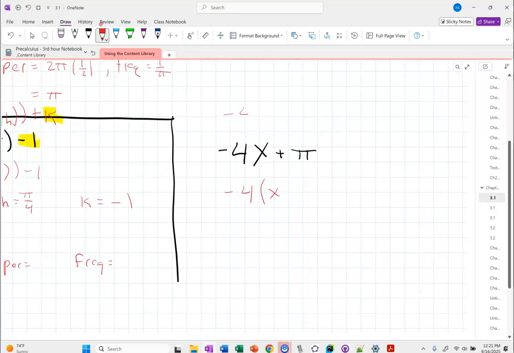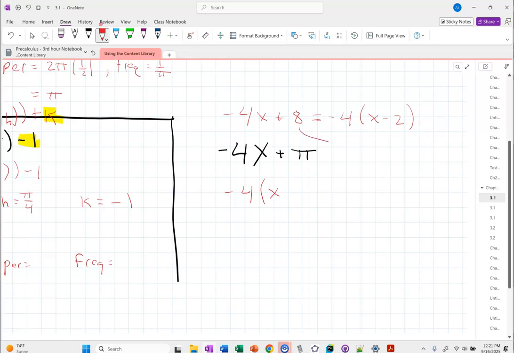Let's do a simpler version of this problem. What if I just do negative 4x plus 8? If I take the greatest common factor out of this, I would take out a negative 4. And what am I left with? X minus 2, right? Yeah, we're going to do it in just a second. I'm going to get there.